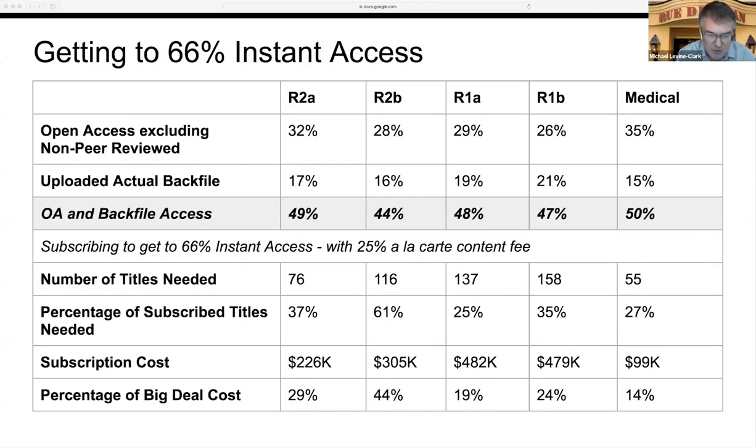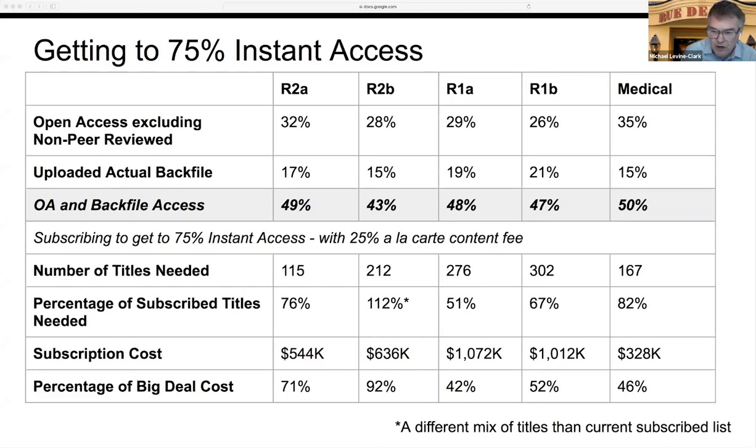The percentage of those existing subscribed title lists for each of those institutions ranges from 27 to 61%. And then their subscription cost varies from $99,000 for the medical school up to almost $500,000 for each of the R1s. But you can see that all of these are paying only a fraction of their big deal cost, ranging from 14 to 44%. It seems like a pretty good deal, right?